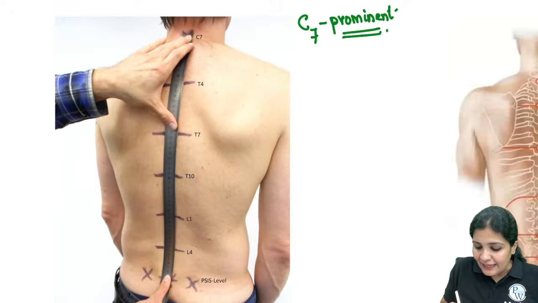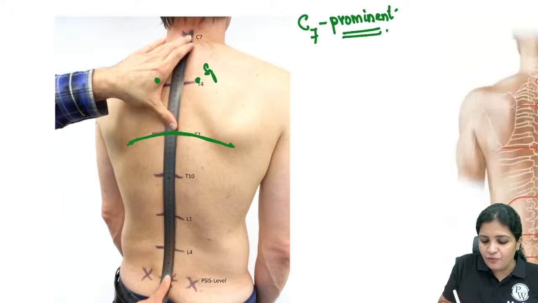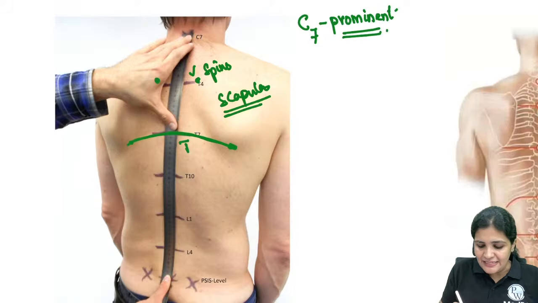And then at the end of the scapula, you will identify T7. At the spine of the scapula, it is T4. So you will palpate the scapula and the spine of the scapula where they meet, it is T4, and the inferior angle of the scapula is T7.